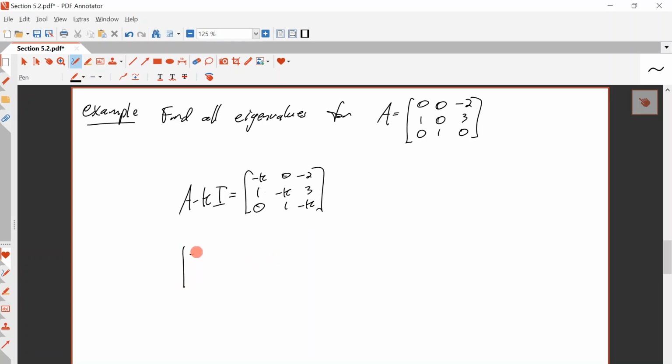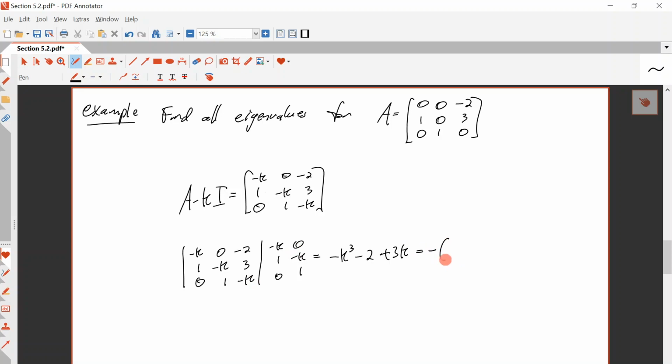Okay, so the determinant, repeating the first two columns on the right, we have minus k to the third, plus 3k, so minus minus 3k is plus 3k, and then 0, minus 2.